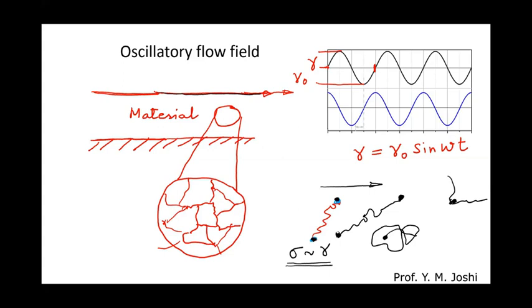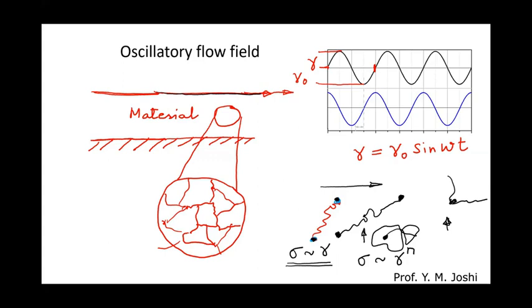However, as this chain gets stretched significantly, the spring may no longer behave like a linear spring. It may behave like sigma proportional to gamma to the power n, which means it has become a nonlinear spring because of the stretching it has been subjected to. And for this third case, you can see that the structure is broken, so we will not be able to get the behavior of the material whose structure is intact.